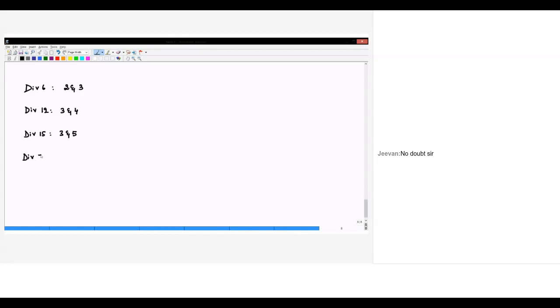Divisibility rule of 72. Very important. 8 and 9. This 72 has lot of factors. 1 and 72, 2 and 36, 3 and 24, 4 and 18.